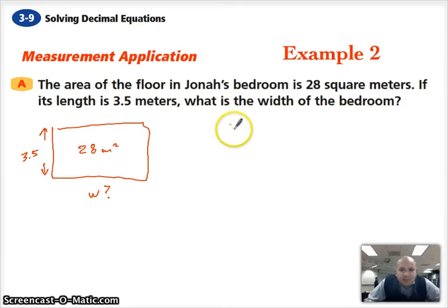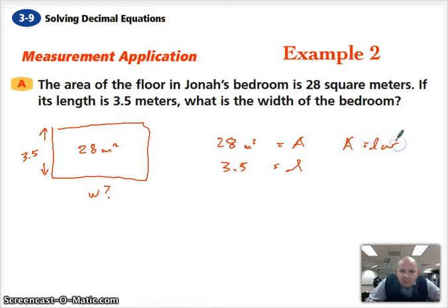We're going to go ahead and establish an equation with that, which would be 28 meters squared being the area, and 3 5/10 being the length. We know that area equals length times width. In fact, if we substitute those numbers, 28 equals 3 5/10 times the width.